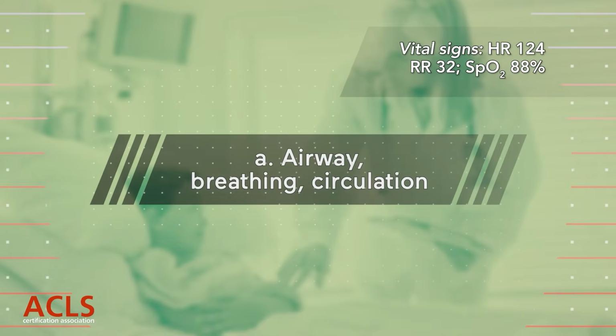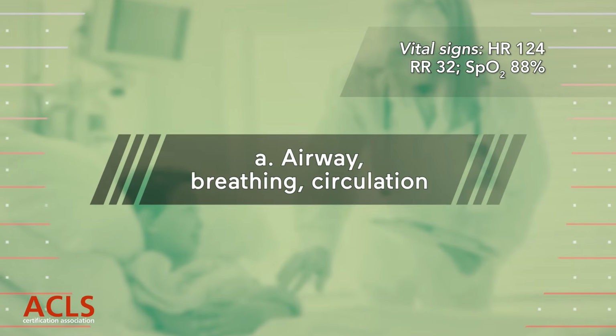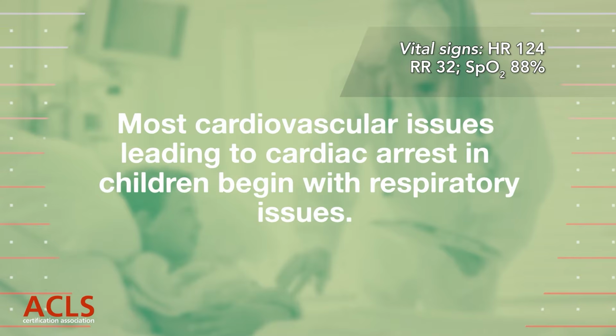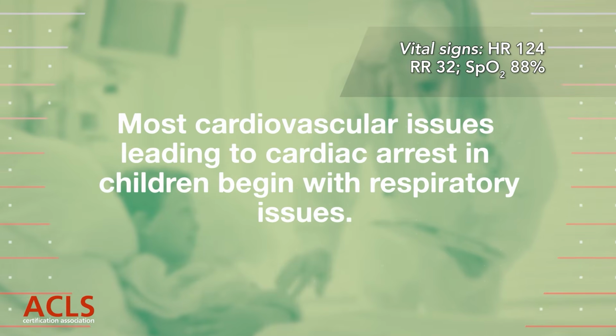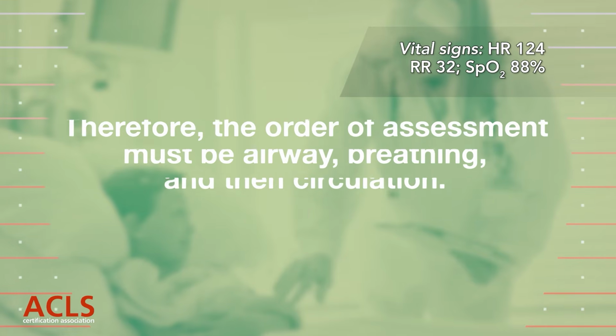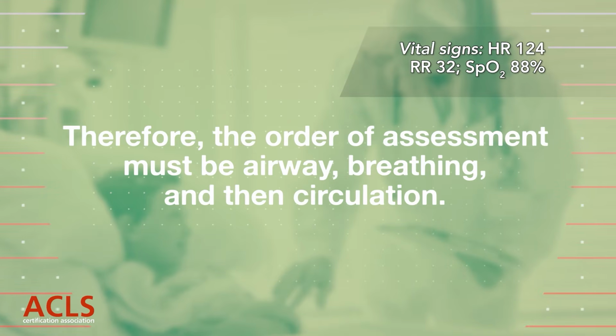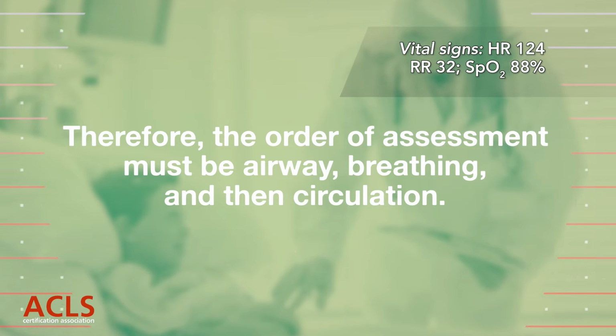Correct answer, A. Airway, breathing, circulation. Most cardiovascular issues leading to cardiac arrest in children begin with respiratory issues. Therefore, the order of assessment must be airway, breathing, and then circulation.